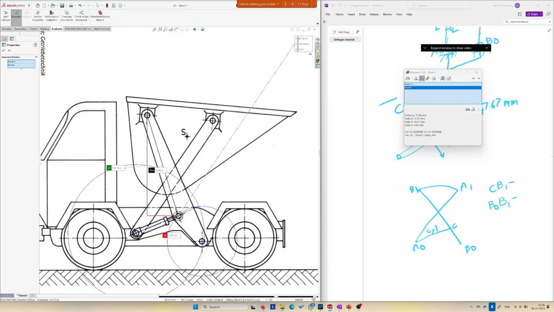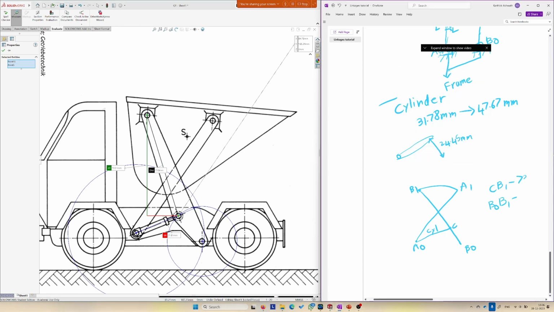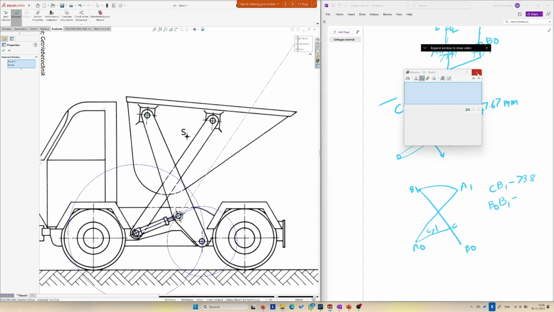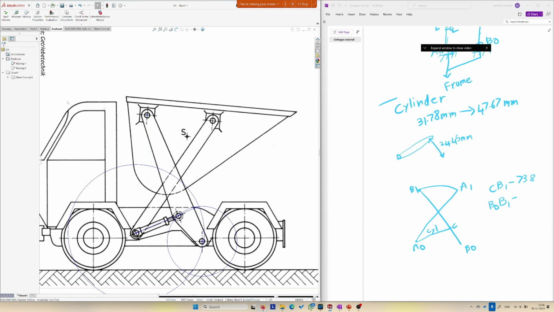Distance is 73.8. Which distance are you taking? Between the C, the original, in the initial position, C to B1, and then I will take B0 to B1. No, I'm asking like the whole distance, like the diagonal line, because that's horizontal.